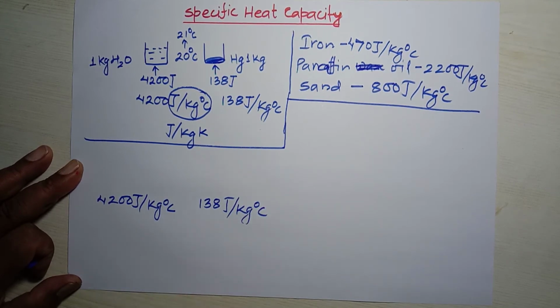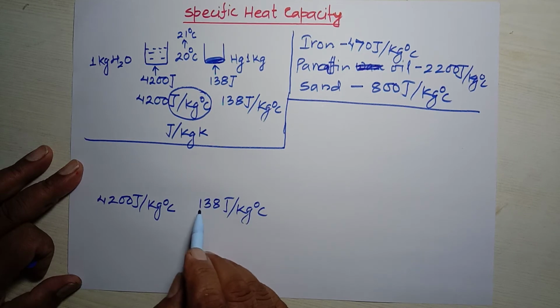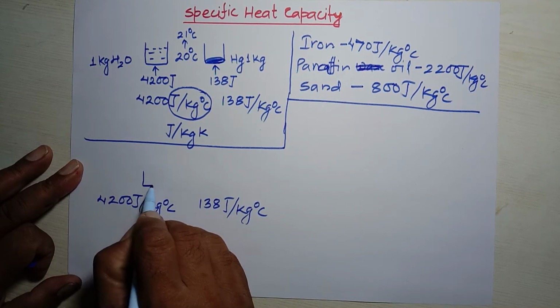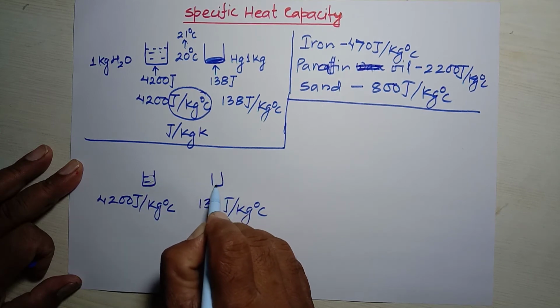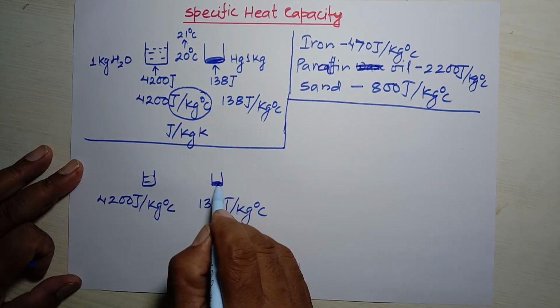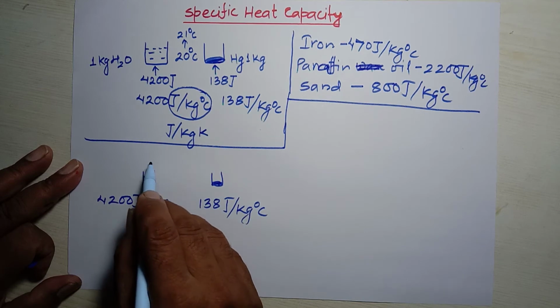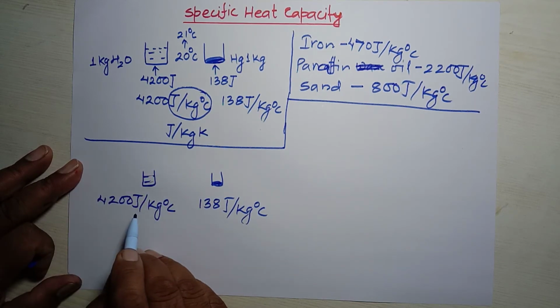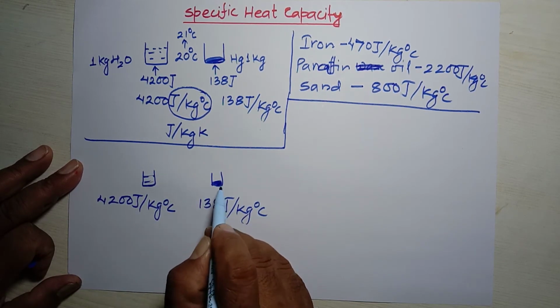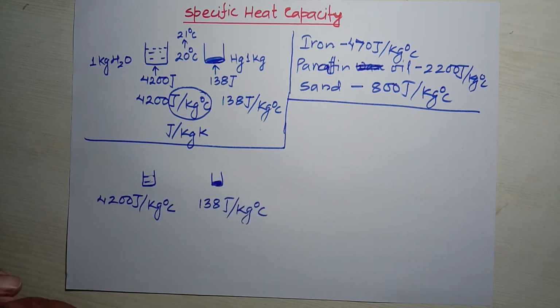It means when we heat a little amount of water and the same amount of mercury, water takes very long time to be heated up, but mercury takes very short time to be heated up.